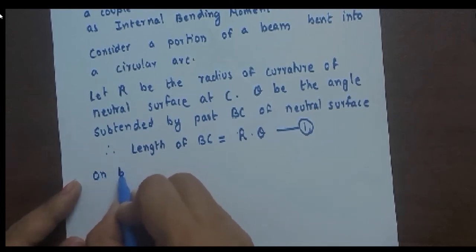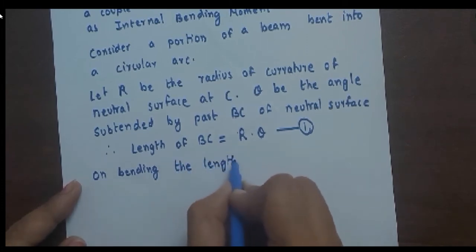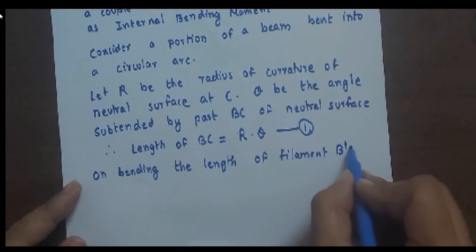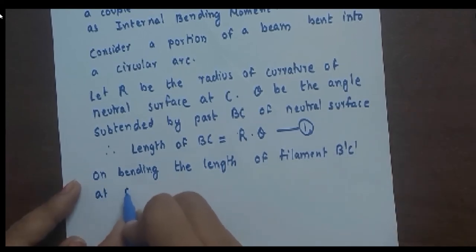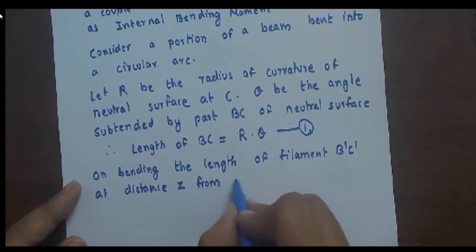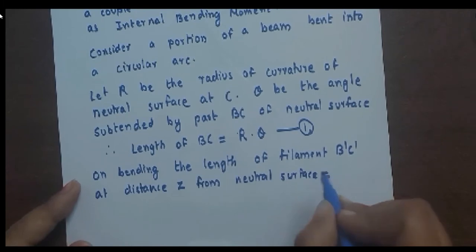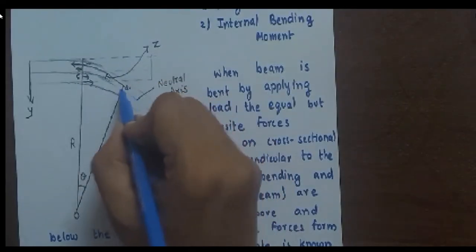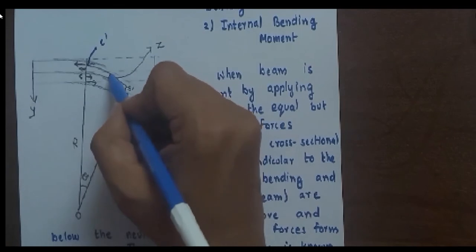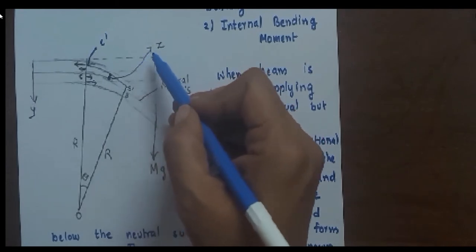On bending, the length of the filament B dash C dash at distance Z from the neutral surface is equal to, here is B dash, here is C dash, and this thickness is equal to Z, the distance from the neutral axis.